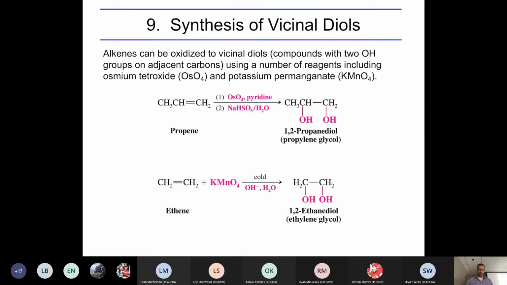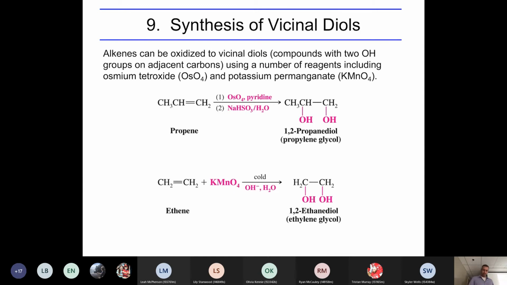So synthesis of vicinal diols can be achieved in 2 different sets of conditions. Basically what it does, we have already seen a vicinal halohydrin, and we've seen a vicinal dihalide. Vicinal dihalide comes when you add 2 bromines by adding Br2 in hexane. We're going to do the same thing, except we want 2 OHs, vicinal, 2 OHs next to each other.